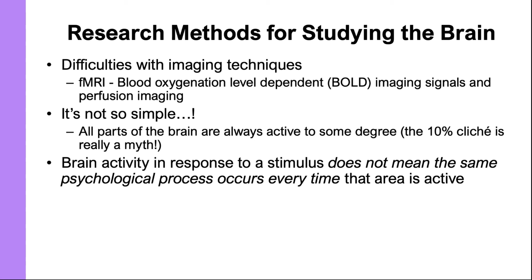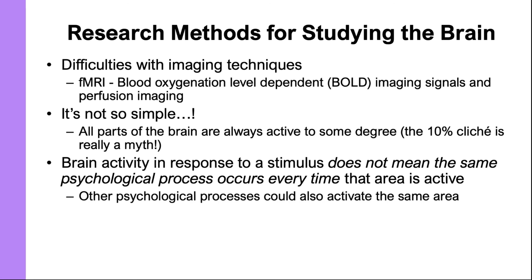It could be that that part of the brain shows activity for lots of things, and emotional arousal is just one of those things. Other psychological processes, like fear or excitement, could also activate that same area in the frontal lobe.